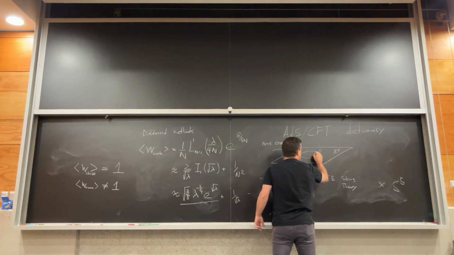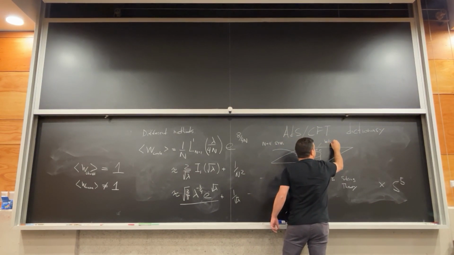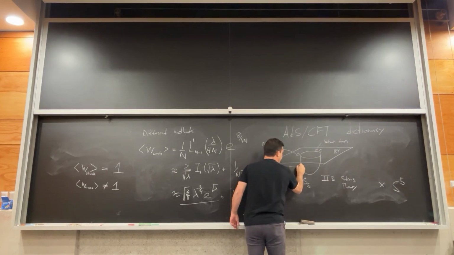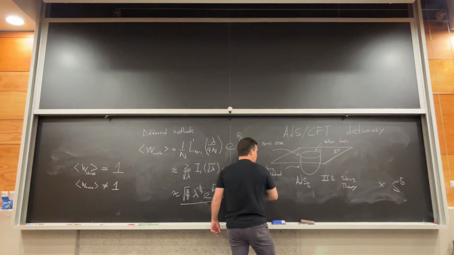So this is my Wilson loop, and then this is the worldsheet in AdS5.